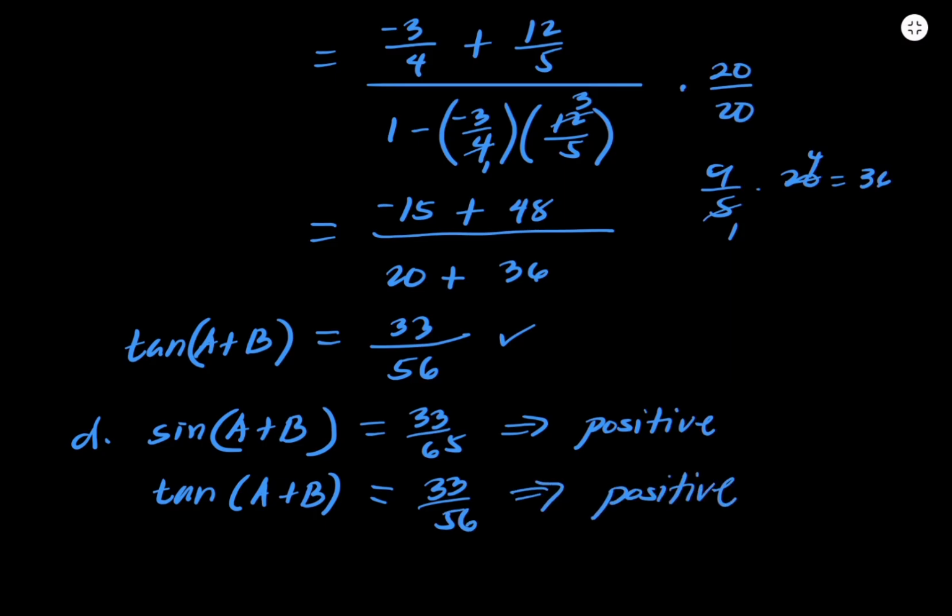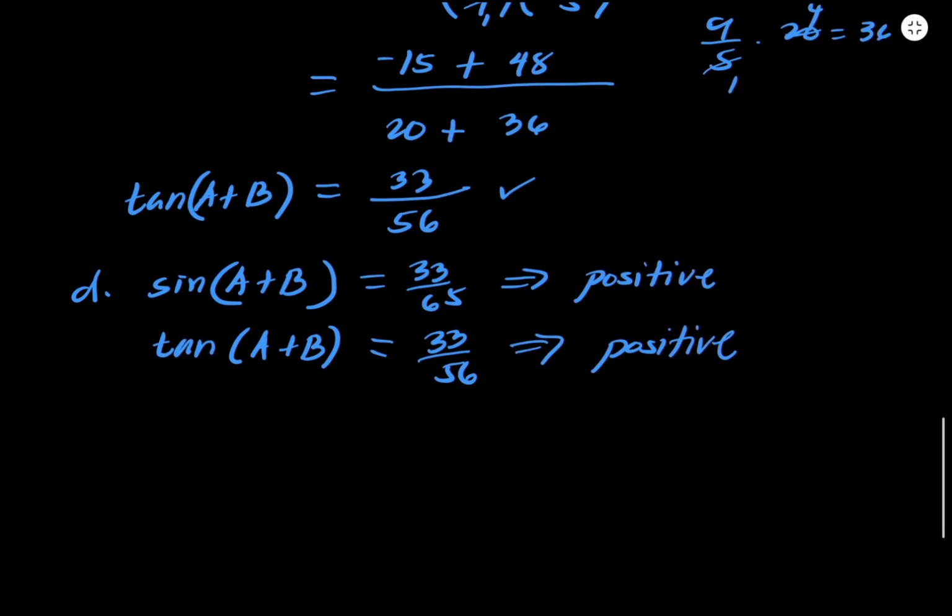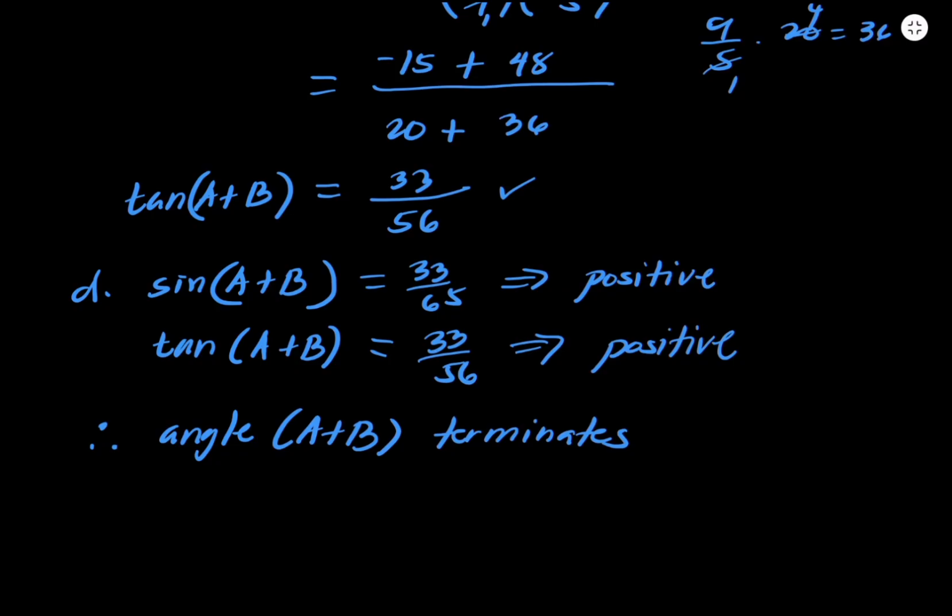Now, sine of an angle and tangent of an angle, they are both positive. So therefore, angle A plus B must terminate. So it terminates on what quadrant?